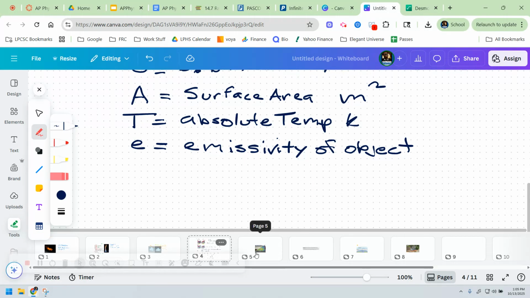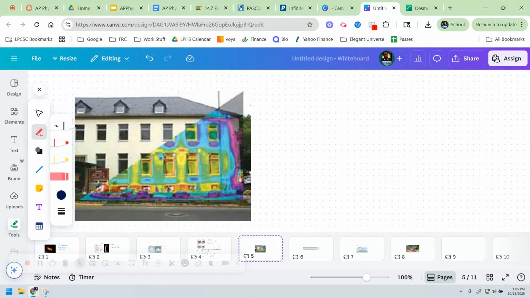All right. Now let's go to this. So when we look at this image here, a thermal graph or thermal imaging of a part of a building shows the temperature variation. So we can filter light because we know that light contains energy, and we can filter the light and determine the thermal energy of it.